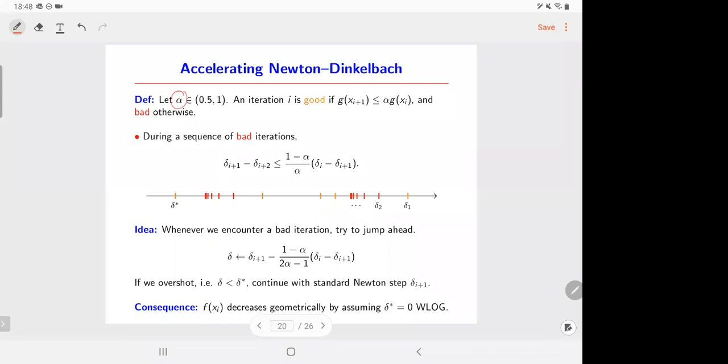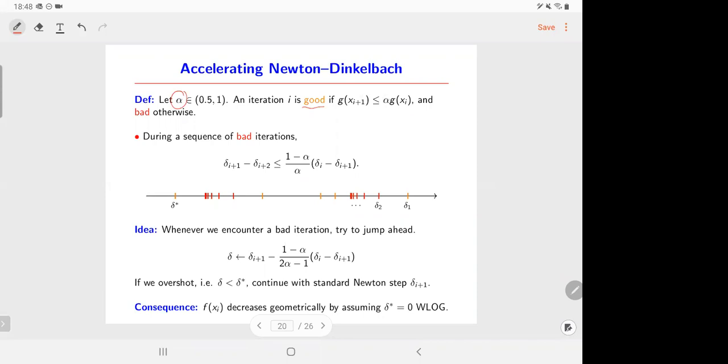So we fix a constant alpha between 0.5 and 1, and we say that the iteration is good if the gradient drops by at least a factor of alpha. Otherwise, it is bad. The reason we segregate iterations this way is because good iterations are easy to analyze, and there are not too many of them. So the bottleneck is really the bad iterations.